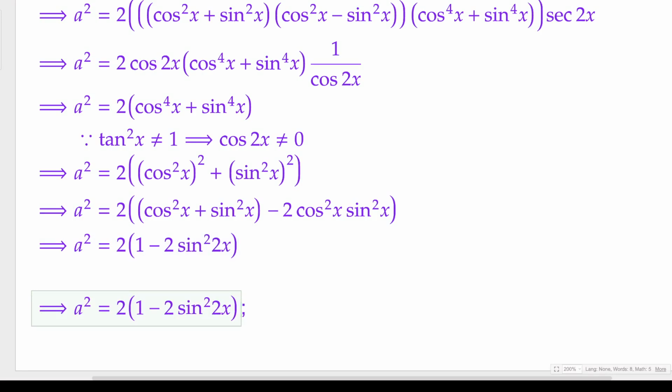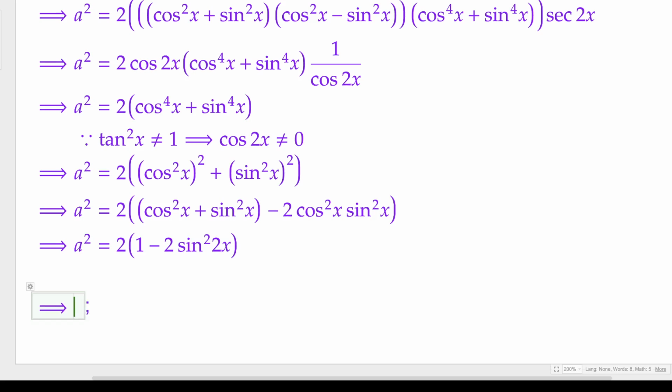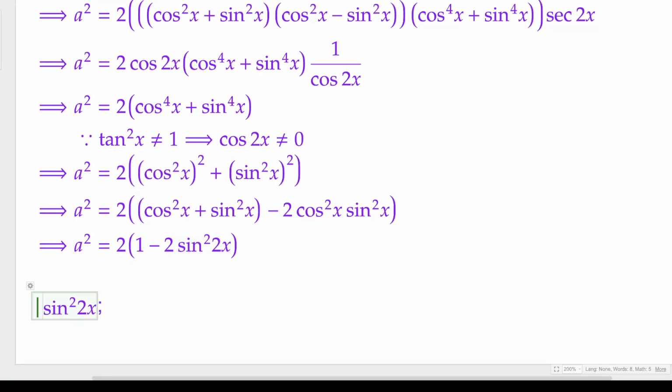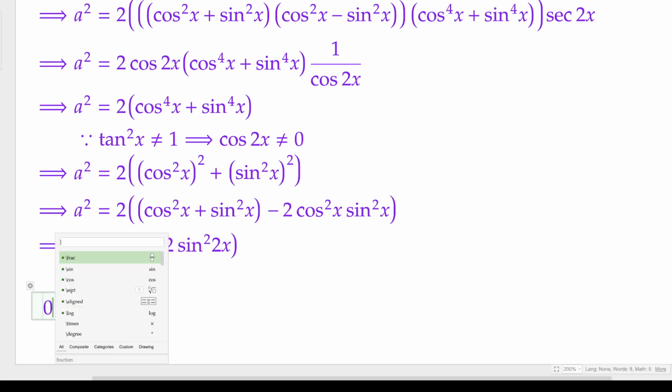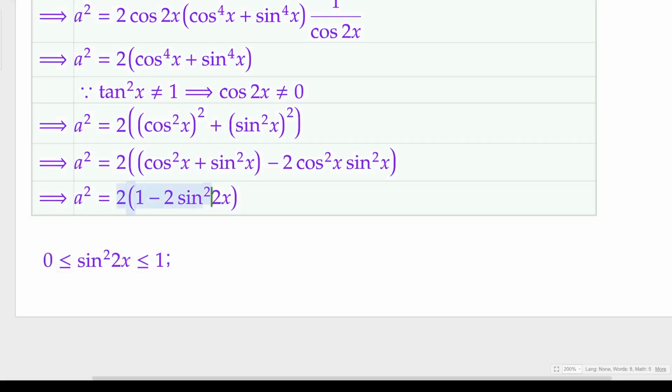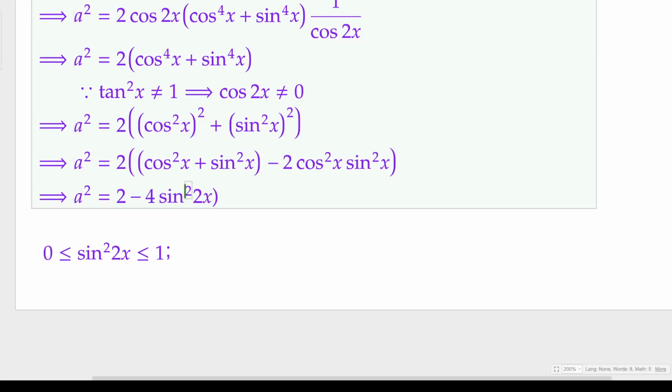So we are aware of this, okay? Instead of this I will focus on this particular quantity. I can just talk about the range of this one: definitely this will be greater than or equal to 0 because it is squared, and this will be less than or equal to 1. Now I want to arrive at this particular equation, right?